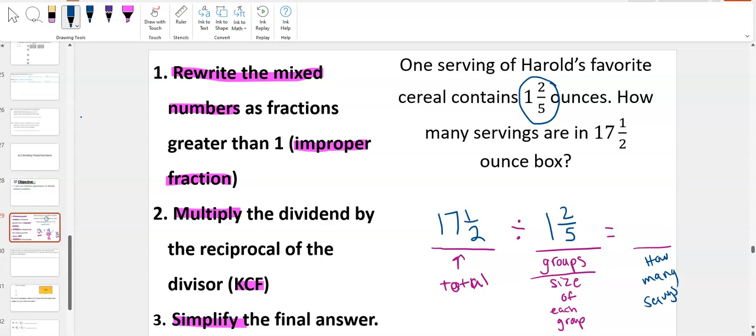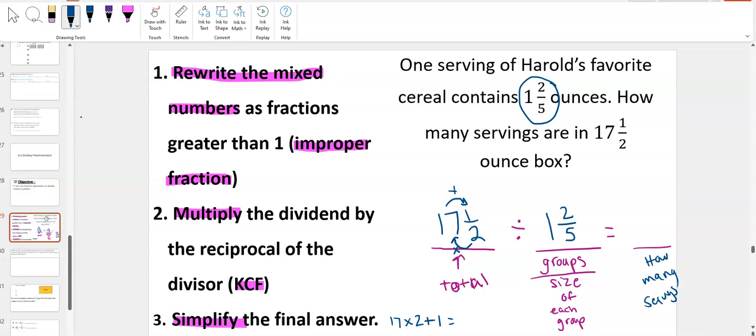Okay. So we're going to do what we said. The first thing we have to do is rewrite that mixed number into improper fractions. As a reminder, we are multiplying the denominator times the whole number and adding the numerator. So we are going to do 17 times 2, or 2 times 17, plus 1.